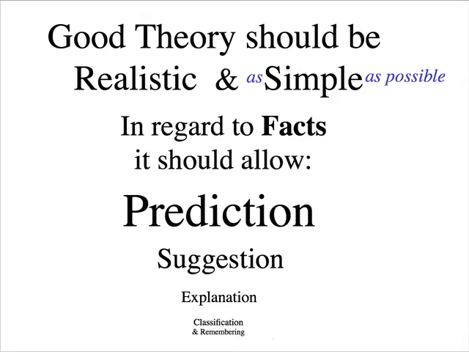The example that I like to use is ROYGBIV, right? That is a way for us to remember the order of wavelengths in visible light: red, orange, yellow, green, blue, indigo, violet. But that's not a theory. It doesn't help us predict anything. It doesn't help us predict what might come before red or what might come after violet, okay?